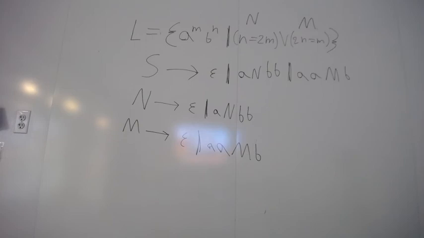A and B. And what is our start variable? Start symbol. Sorry, it's always a variable. So that would be S. Yep. And then what are our production rules? Well, we just have what we wrote. Okay. That's it. Right? That's a CFG.